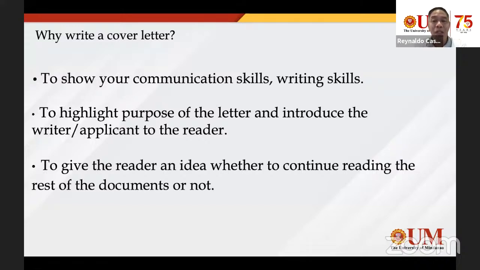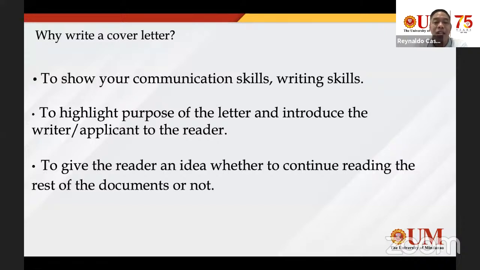Because at one point or several points of your career, when you will be hired by a company, whether private, government, or whatever, there will be occasions that you need to write. That's why one way of testing your capability is looking at your application letter, if you can write well.